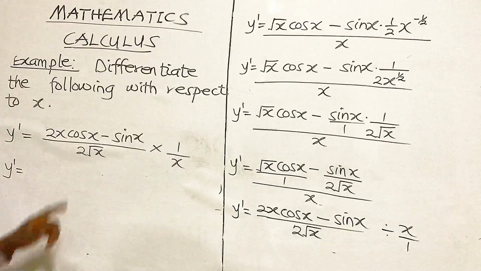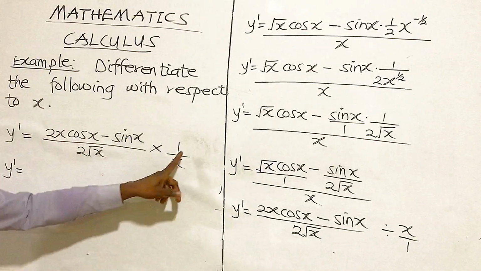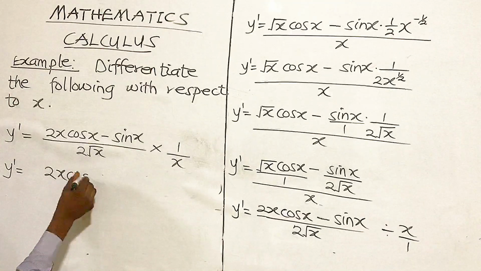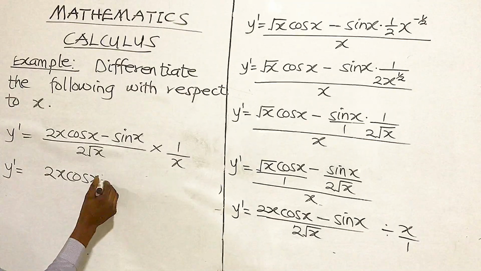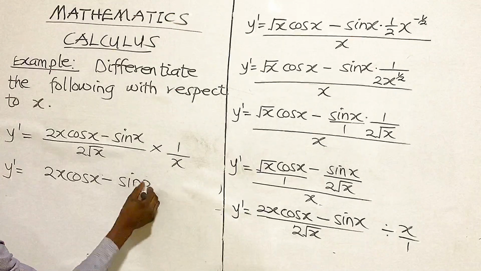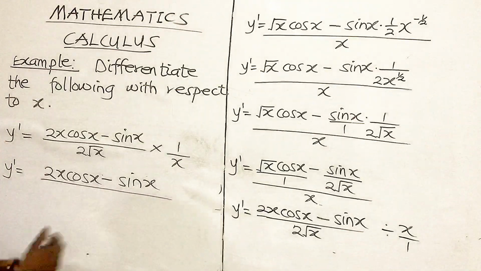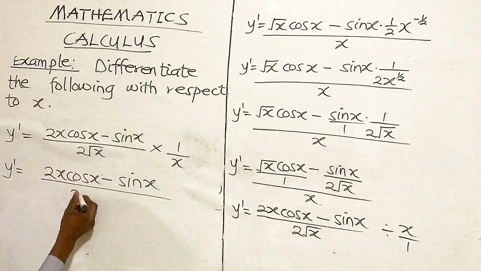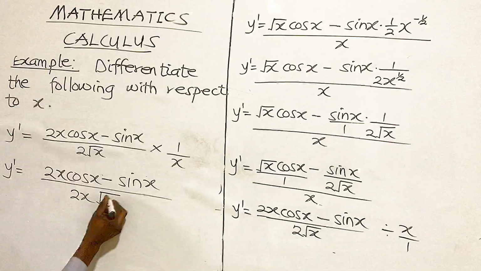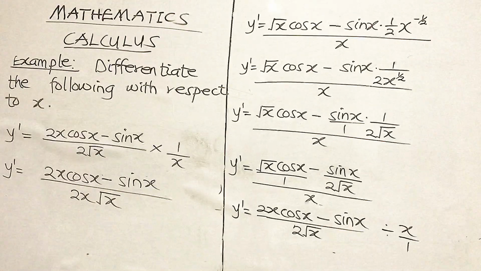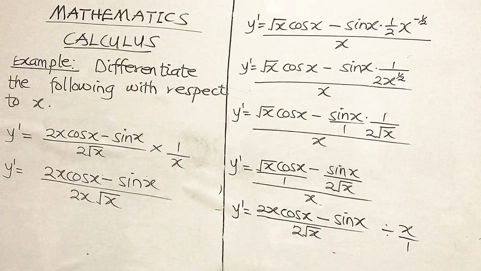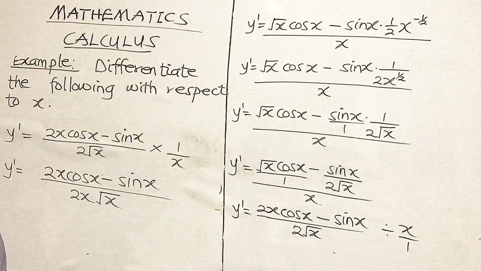So from here, everything from the numerator times 1, we have 2x cos x minus sine x all over 2 root x times x, which gives 2x root x. And this will be the final answer for this particular question. Let's look at the next question.